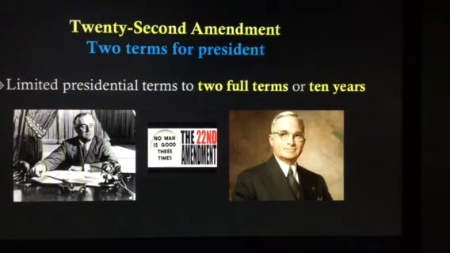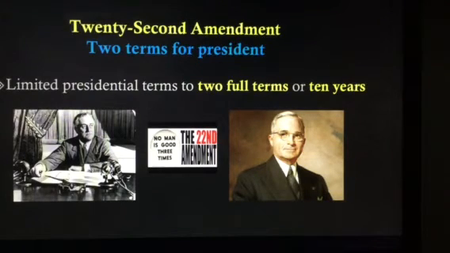George Washington, if you may remember, set the precedent by stepping down after 2 terms, and every president after Washington followed that precedent, not running for a 3rd term, until FDR, Franklin Delano Roosevelt, ran for a 3rd term in 1940.